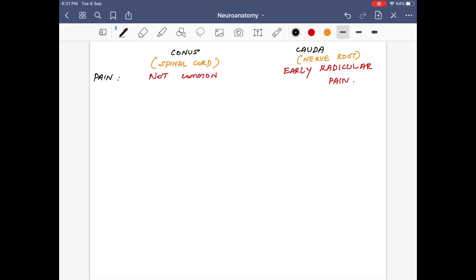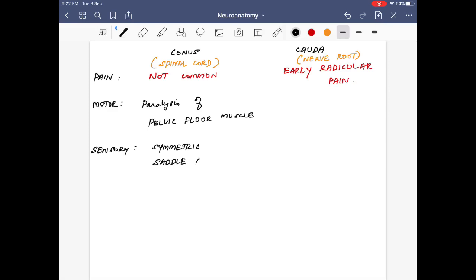The second thing is the motor. The motor disturbance in a conus medullaris lesion is paralysis of the pelvic floor muscles. The entire pelvic floor will get paralyzed in a conus medullaris lesion, whereas in cauda equina lesions it is usually peripheral type. The sensory disturbance here is a symmetric saddle anesthesia, very similar on either side.